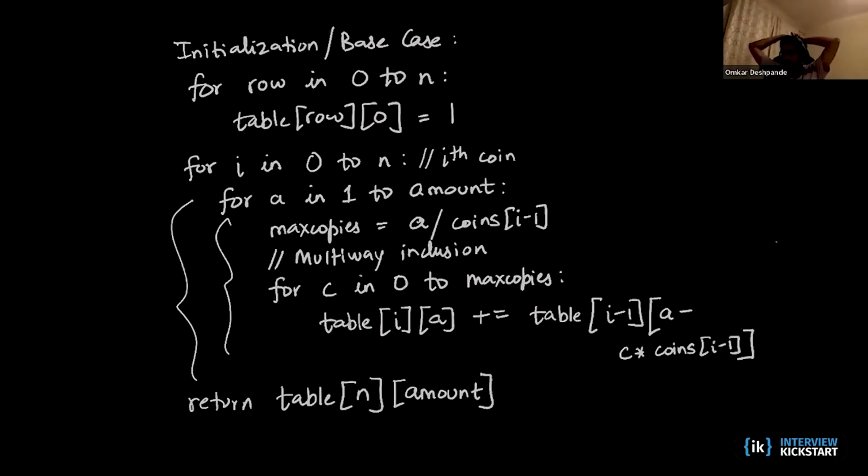The next inner loop is going to run amount times, but then there's a third loop which runs as many times as the number of copies. And so, any questions so far? I'm going to try to improve on this, but is it clear what the thought process was?